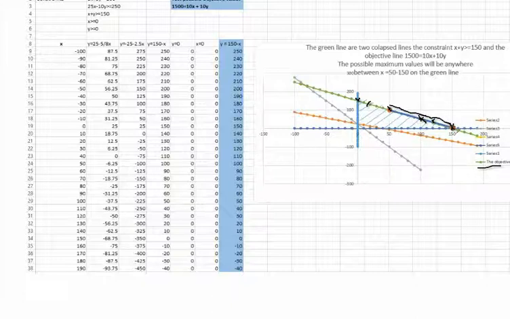So all the points along the green line that you see right here are going to maximize the objective function, and these are your solutions. So your final solution for z is 1500, and you have an infinite number of points anywhere between x equals 50 and x equals 150 that will give you this objective value.